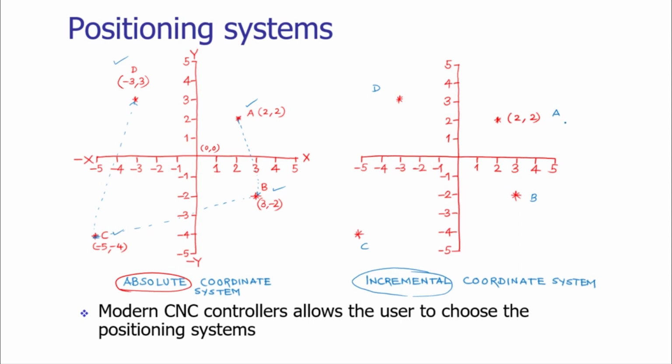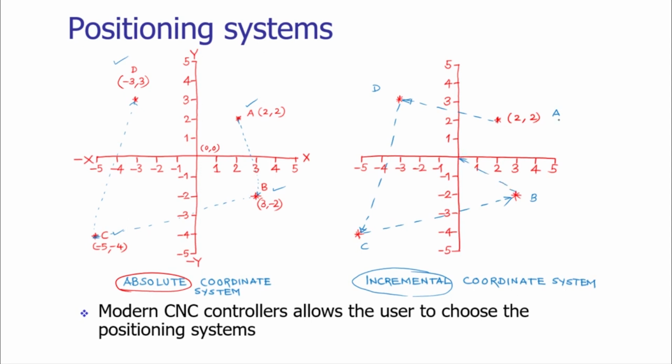Consider a path to be followed from point A to point D, from D to point C, and from point C to B and then back to the origin.